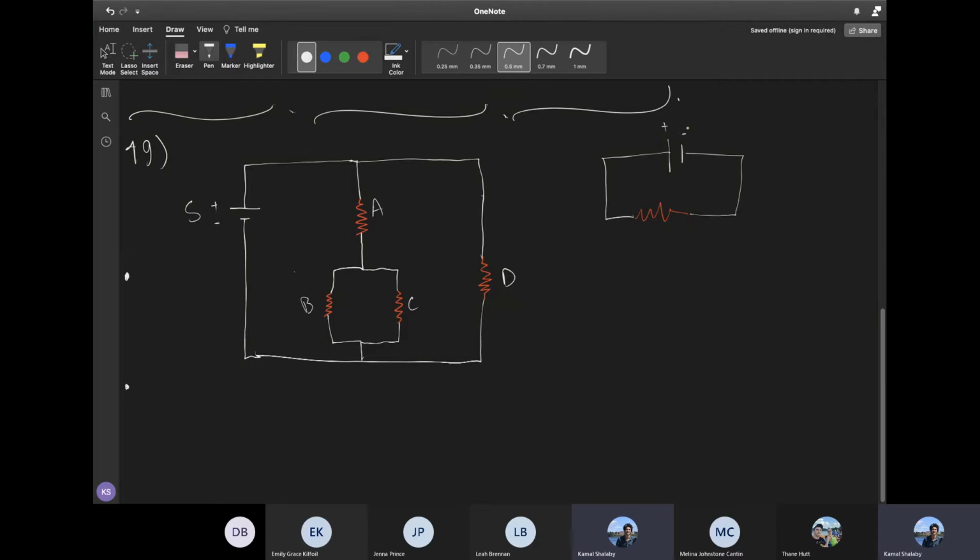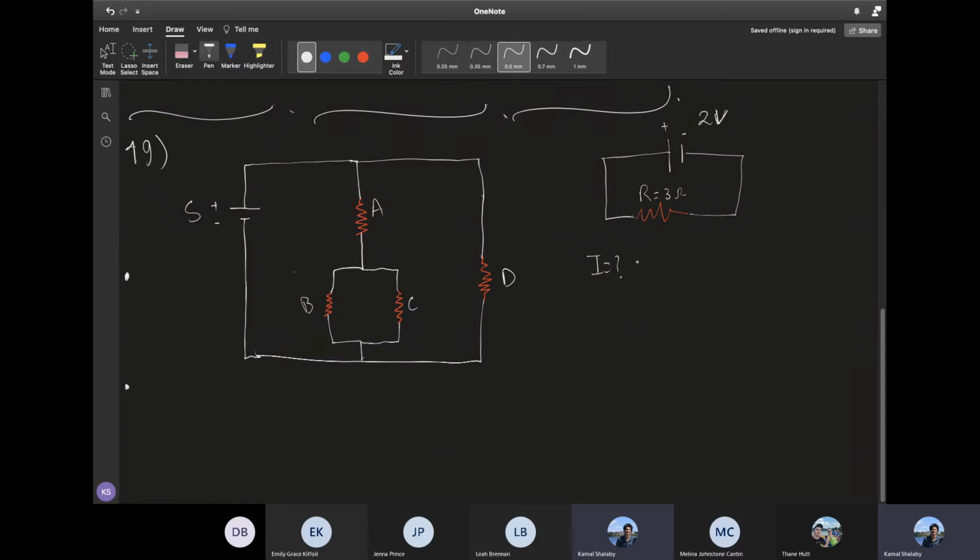Let's say this battery has 2 volts, so a 2-volt battery, and this resistor R has a resistance of 3 ohms. I want you to find what is the current inside the battery.